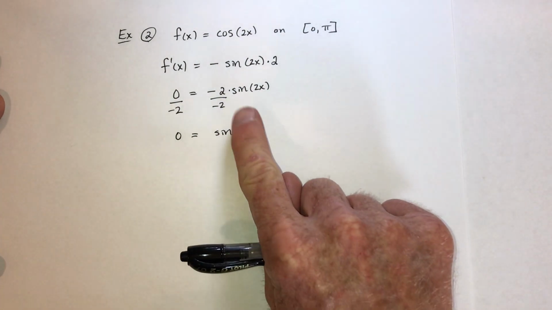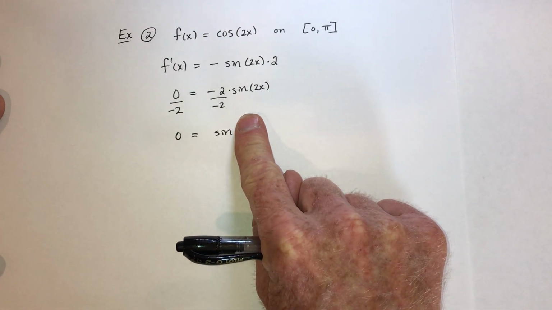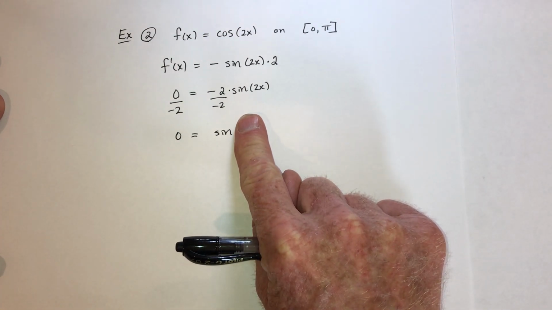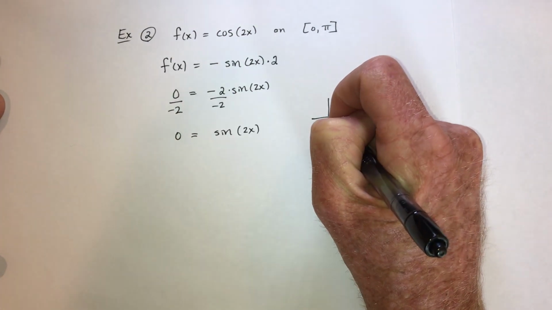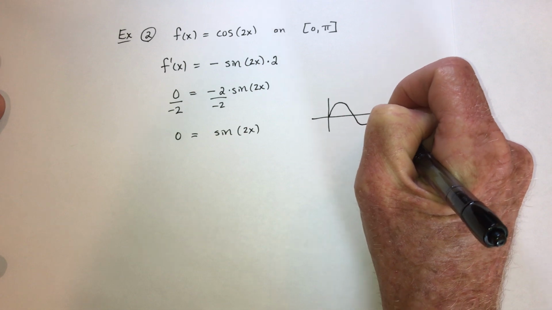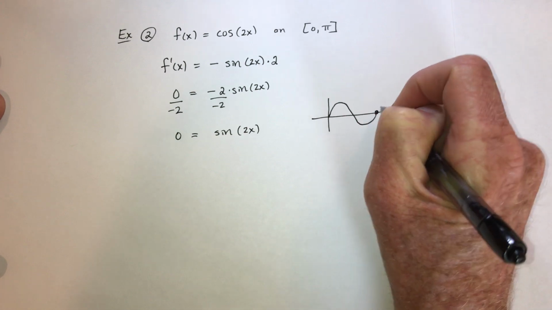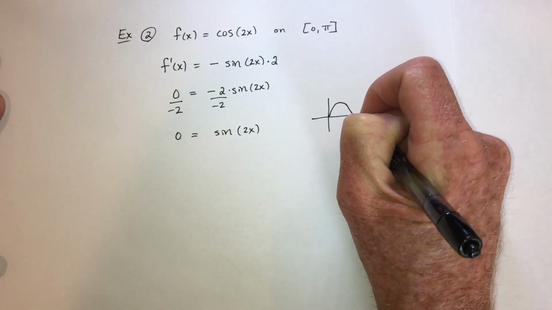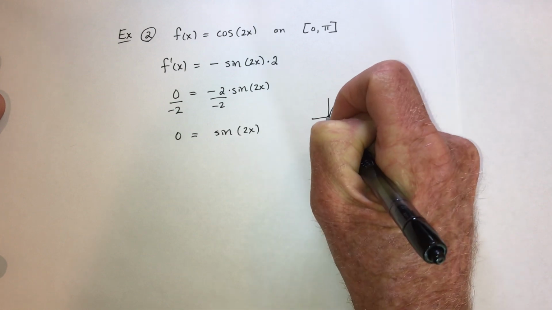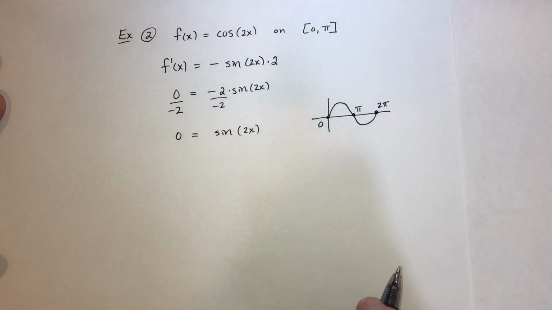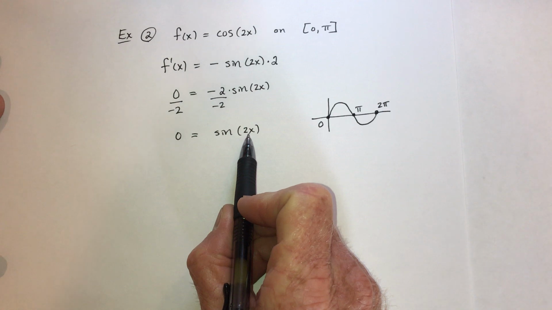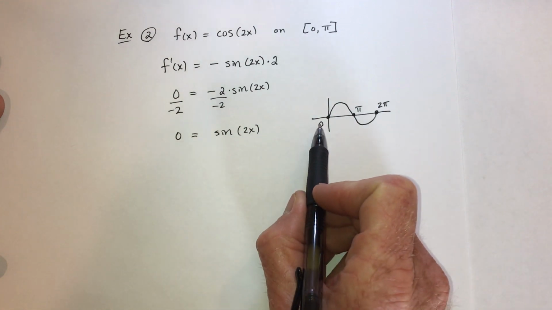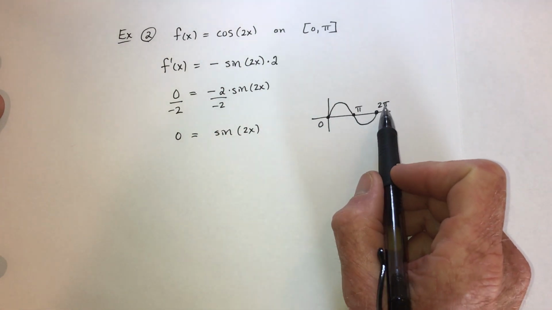Now the way that I do it is I ignore the 2x for a moment, and it just says when does the sine graph equal 0? So the sine graph looks like this. So right here at 2 pi, right here at pi, and right here at 0, those are all times when the sine graph equals 0. Now pay attention to the 2x. So that means 2x equals this, or 2x equals this, or 2x equals this.